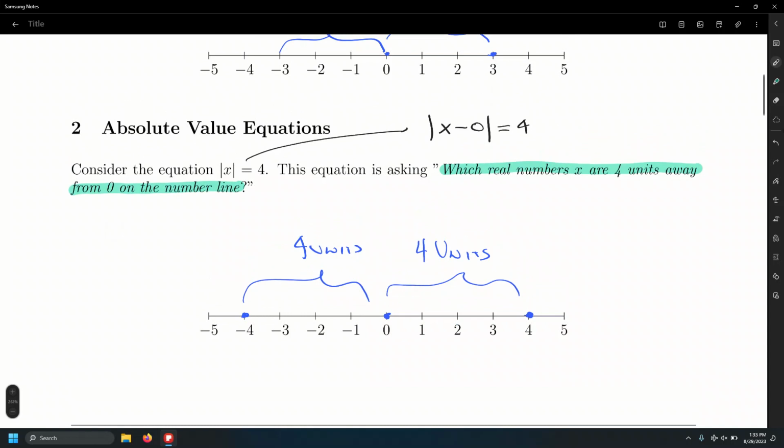Because the distance from any number x and 0, that's what this term on the left-hand side represents. This absolute value is the difference, a distance between x and 0.